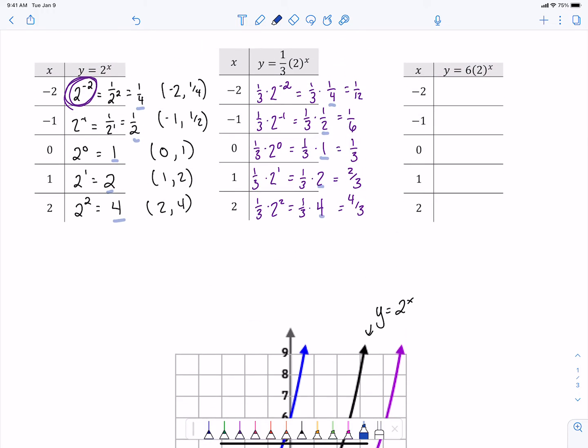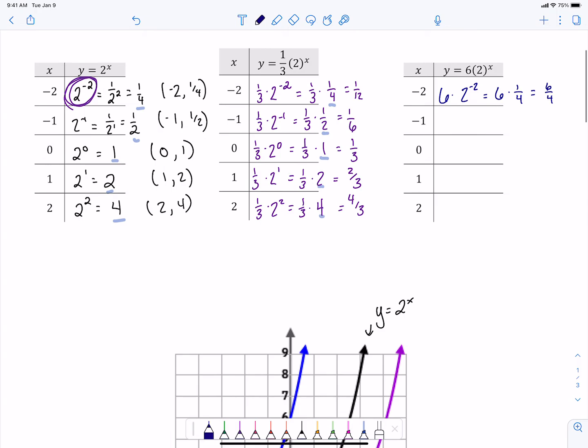Now, if we change and multiply it by something that's bigger than 1, like 6, what's going to happen is that when we plug in -2, we're going to get 6 times 2 to the -2. So we're going to get 6 times 1/4. So we get 6/4.